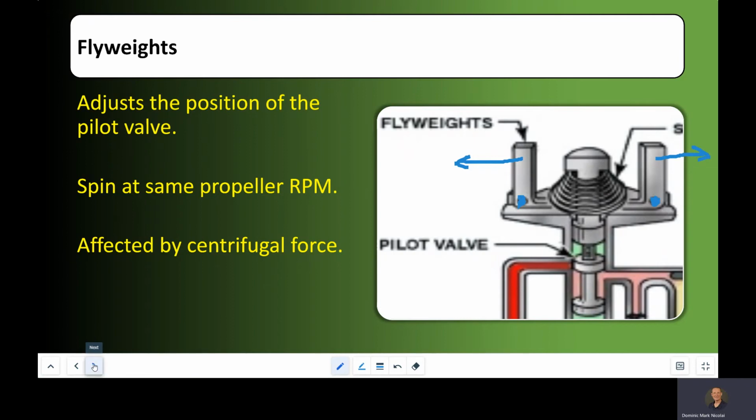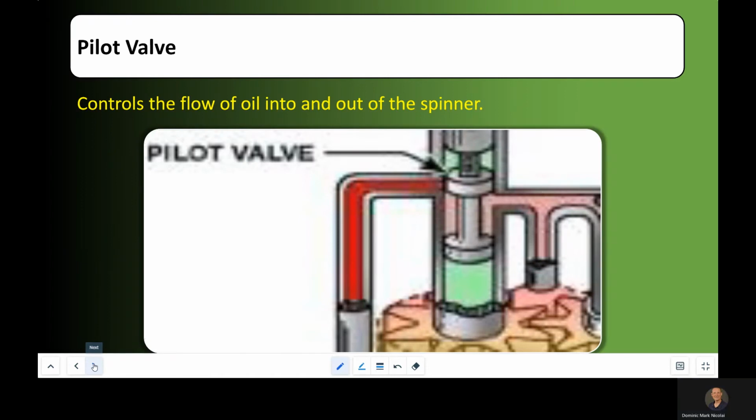Let's look at that pilot valve for a moment here, because it's a valve, and valves control the flow of something. In this case, it's the oil flow. It either allows oil into the spinner to move the blade angle one way, or it allows oil to come out of the spinner to allow the blade angle to move the other way.